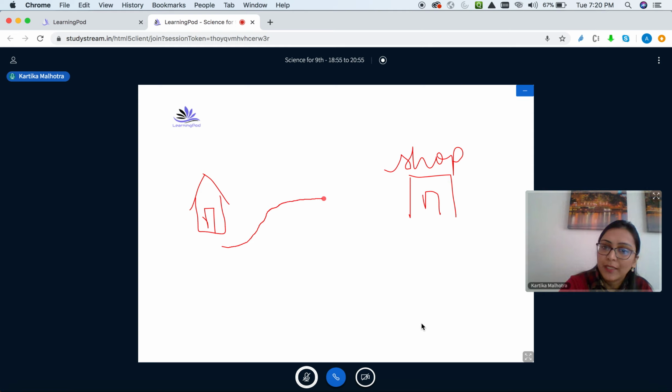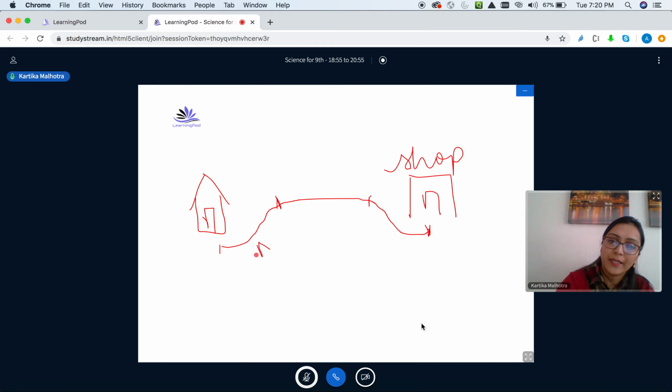Then, say for some time, you drive at a constant velocity. And then, as the shop approaches, you start decreasing your velocity and eventually come to a halt. So now you can see several points where there is a change in velocity. Say these are segments A, B, and C.